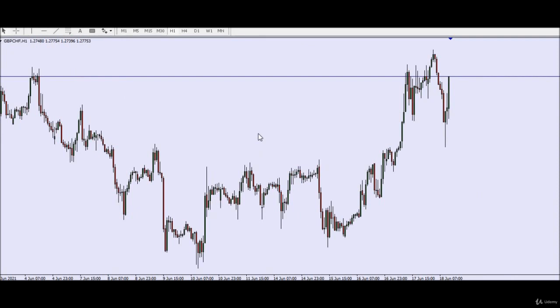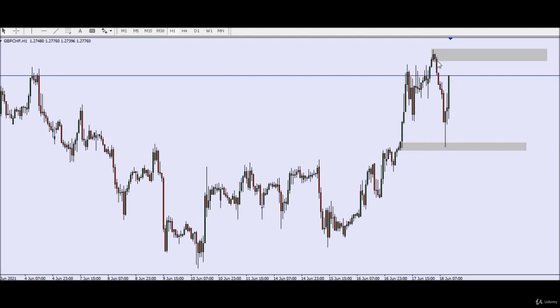This is GBP Swiss franc. As you can see, I will draw it like this. This is important level, and also this from the other side. I draw it like this because this is very big move here, also here, and also this move is big.